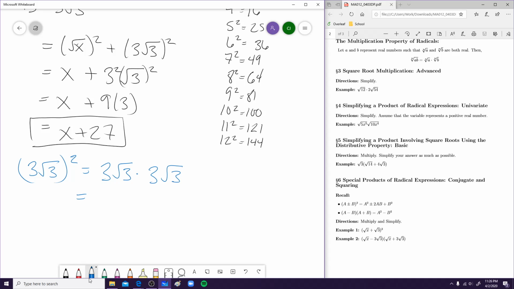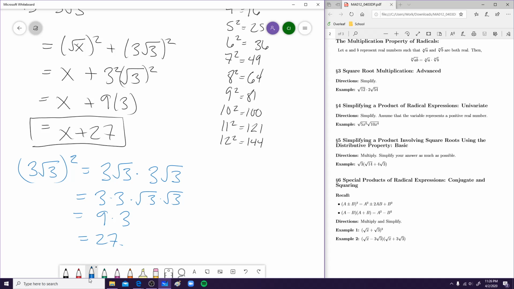And then I'm going to take the terms that don't have a radical and the terms that do have radicals. So this is 3 times 3 times square root of 3 times square root of 3. 3 times 3 is 9. The square root of 3 times the square root of 3, if I use the multiplication property, this becomes the square root of 9. What is the square root of 9? It is 3, because 3 squared is 9, and then 27. Right? So this is how we get that.